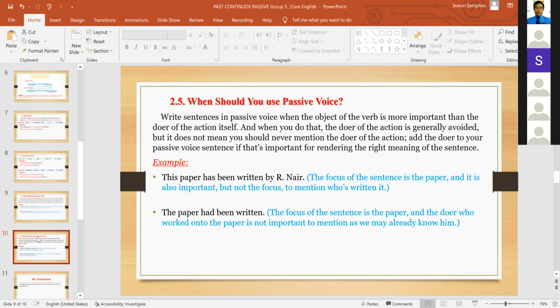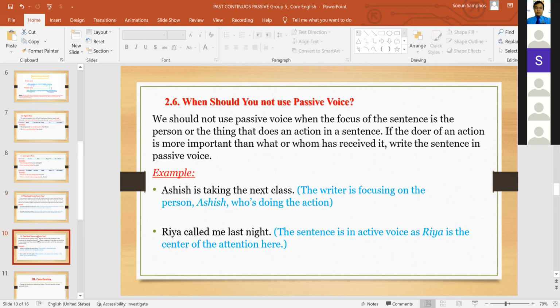Next slide. 2.6. When you should not use the passive voice. We should not use the passive voice when the focus of the sentence is the person or the thing that does an action in the sentence. If the doer of an action is more important than what or whom has received it, do not write the sentence in the passive voice.